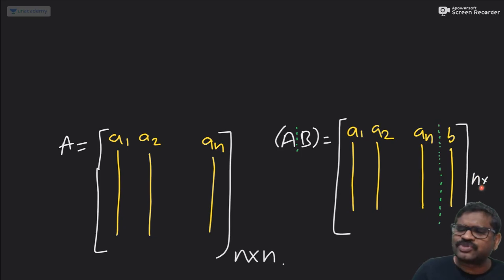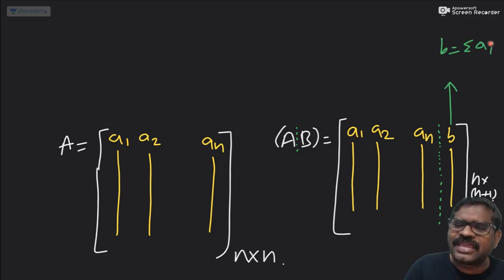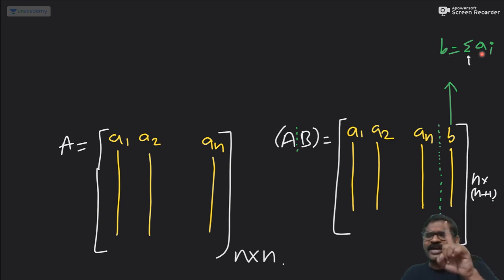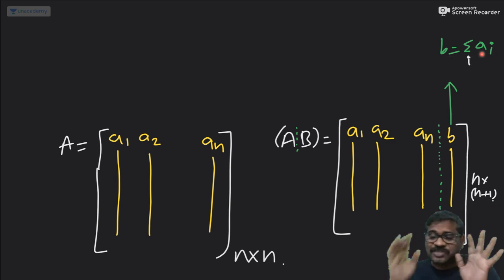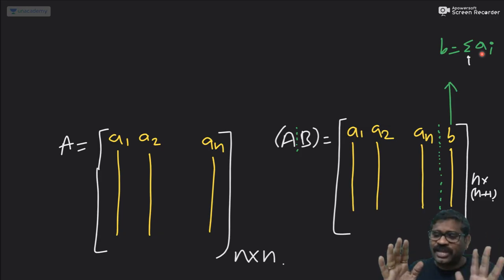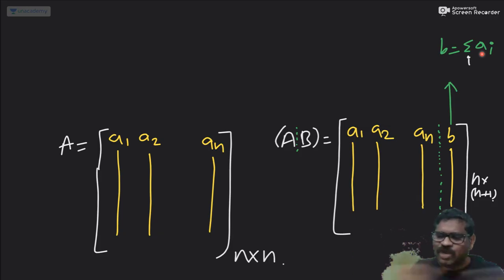How many columns do you have? N plus 1 columns. Please remember, here this B is nothing but sigma Ai. By this, definitely you will get one idea. I am just explaining the data.